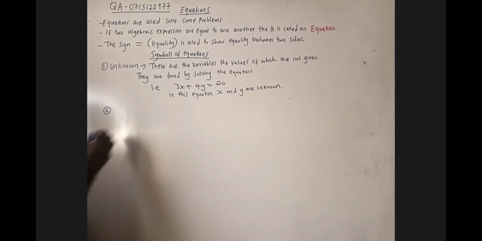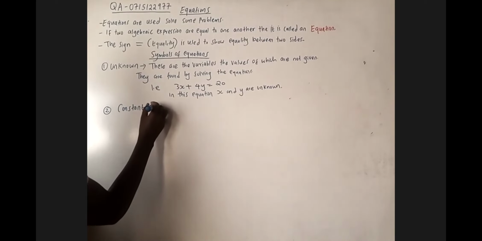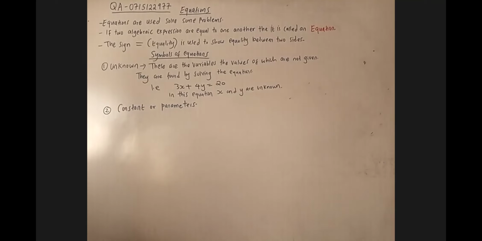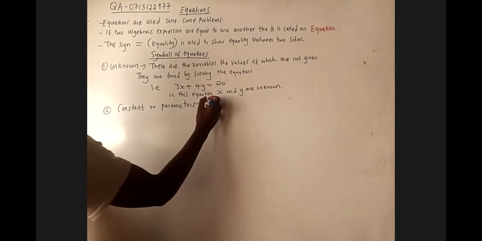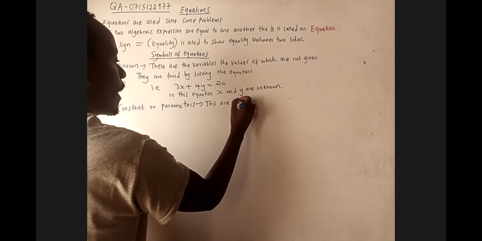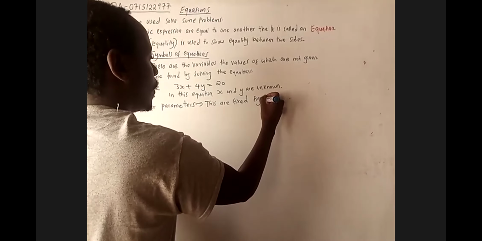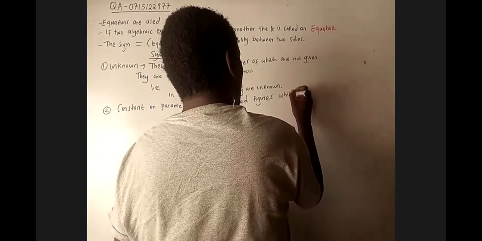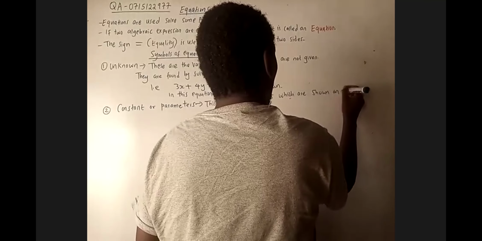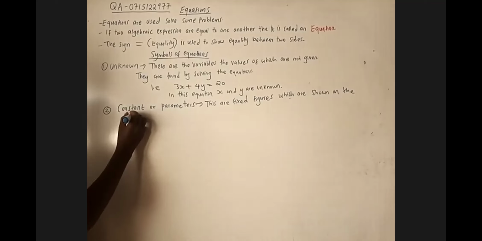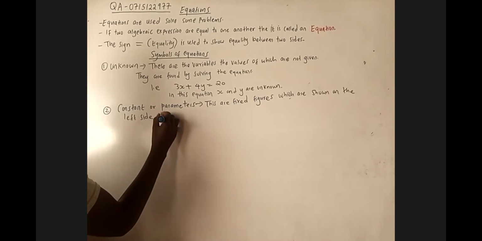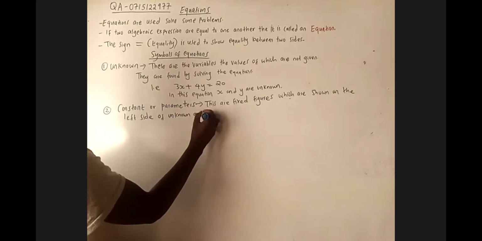Number two, constants or parameters. We say these are fixed figures, which are shown on the left side of the unknown, or separately.